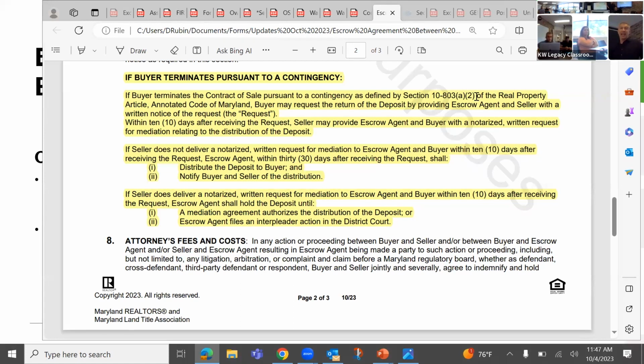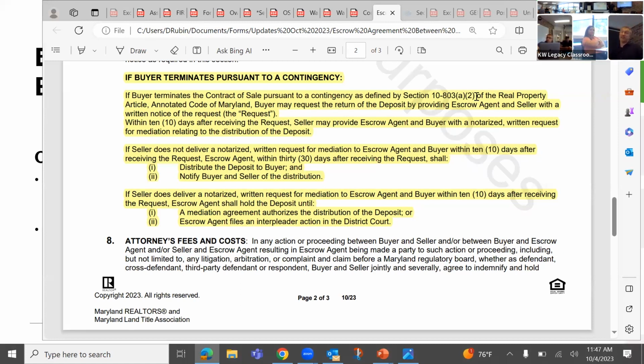The escrow agent has to return it back to the buyer within 10 days, unless the seller delivers a written request for mediation that is notarized and delivers it to the escrow agent within those 10 days. So it is like mess or get off the pot for the seller.